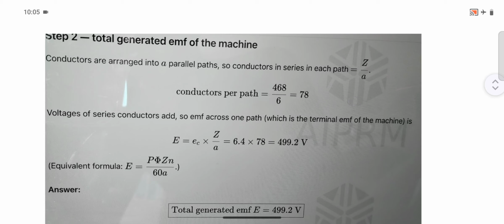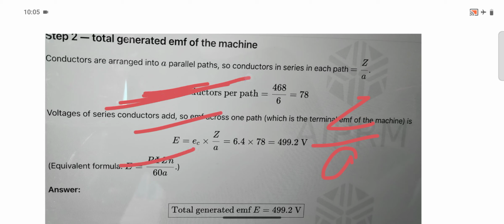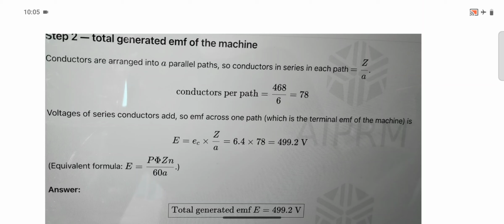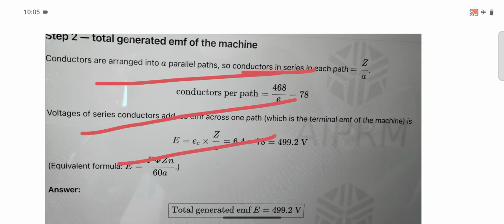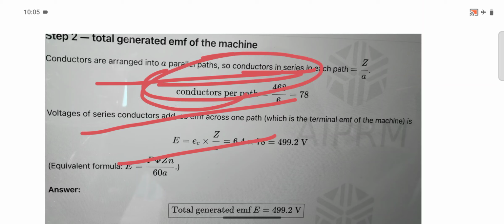Okay. Now total EMF generated in the machine. Conductors are arranged into parallel paths, and in each path all are connected in series.